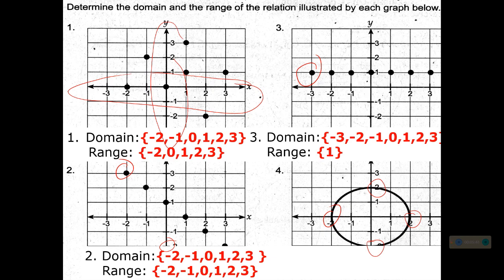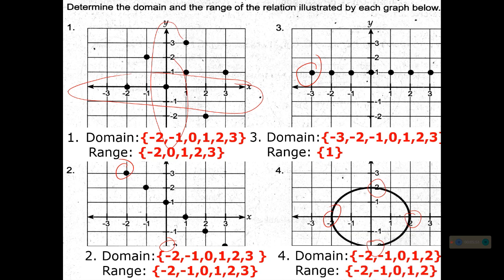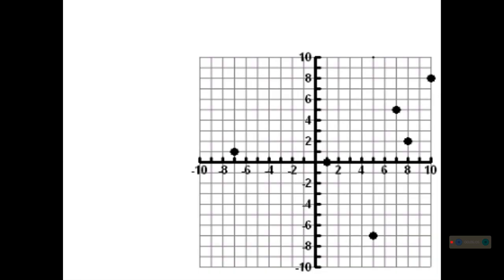Our domain will be negative 2, negative 1, 0, 1, 2. And our range will be negative 2, negative 1, 0, 1, 2. Is there any question about the graph giving the domain and range? If you don't have any, let's proceed.